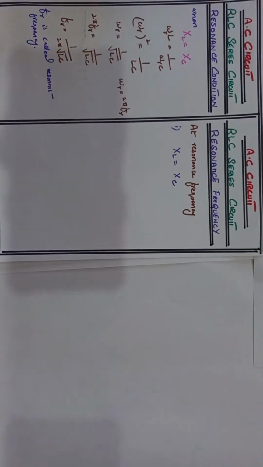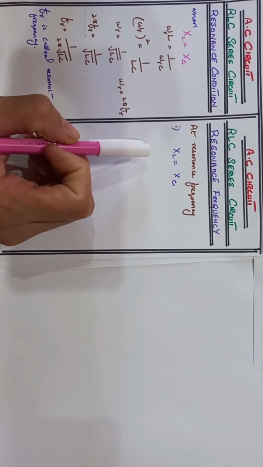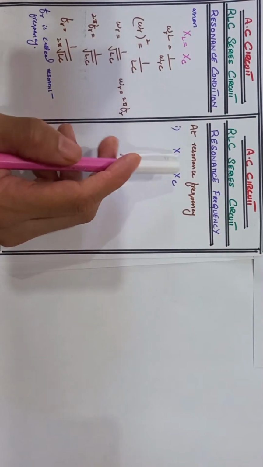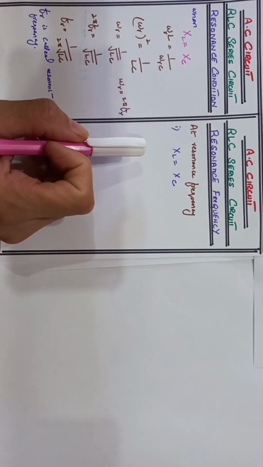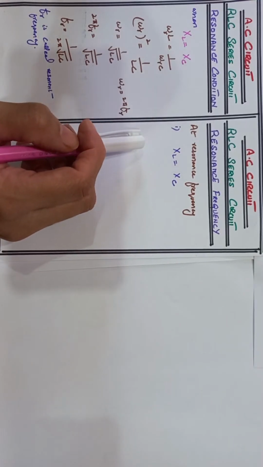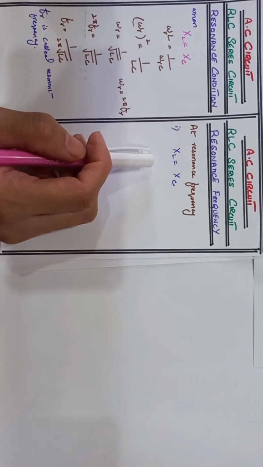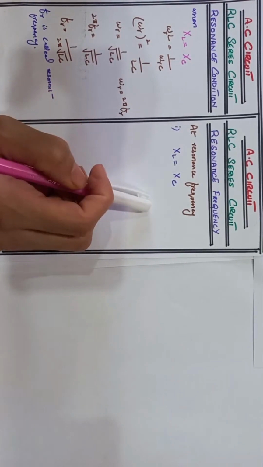When the inductive reactance is equal to the capacitive reactance, impedance becomes minimum. In this case, in the RLC series circuit, impedance is minimum because XL is equal to XC and the whole impedance is equal to the resistor R. So when the impedance is minimum, the current is maximum.